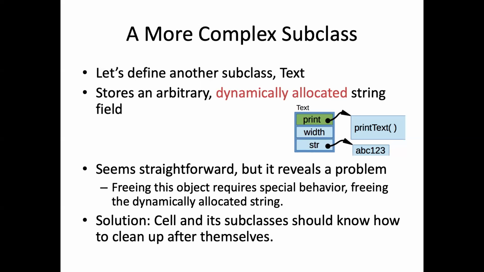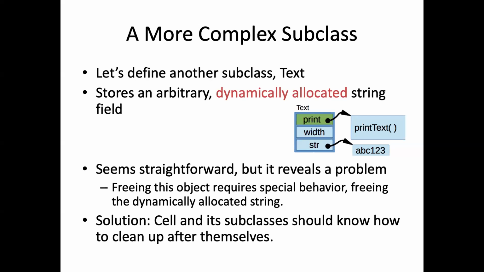In general, freeing space for an object, the right way to do that depends on how the object is stored. If you think back to some of our previous projects, I guess it'd probably be project 4, once we had allocated some kind of data structure using malloc, we would often write a function to help free that data structure, because freeing it might require freeing the stuff inside it, and maybe freeing the stuff inside those objects.